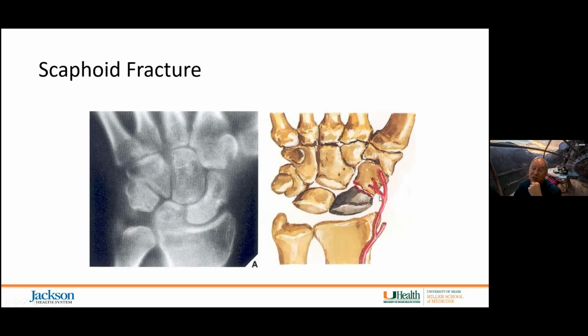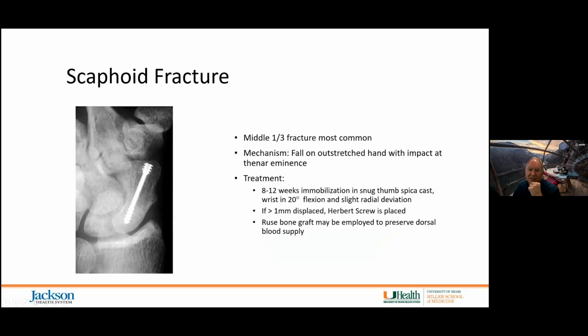So basically what you worry about here is necrosis because you have such disruption to the blood flow through this bone as well. And so the middle third fracture is the most common. Again, you're going to need this immobilized for approximately 8 to 12 weeks in a thumb spica cast. They may tell you that they can do manual wheelchair propulsion and transfers. Don't trust them on this. Be ready to intervene because you don't want them to develop pressure injuries associated with these as well.